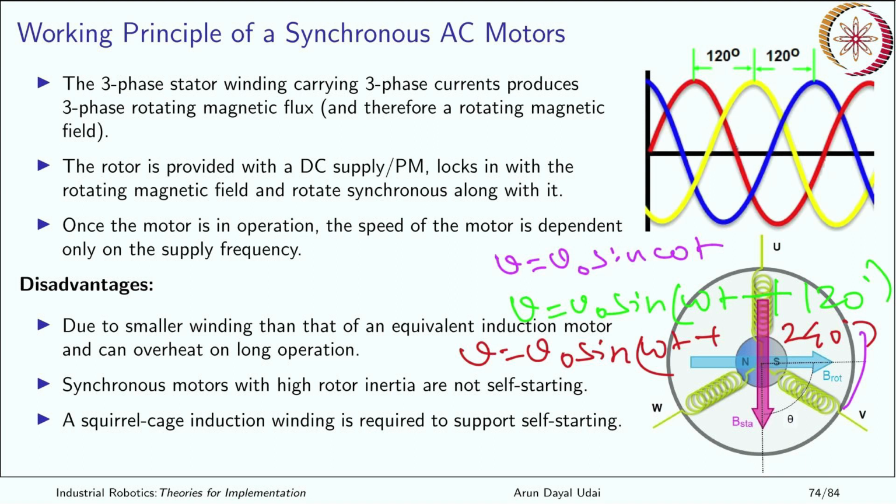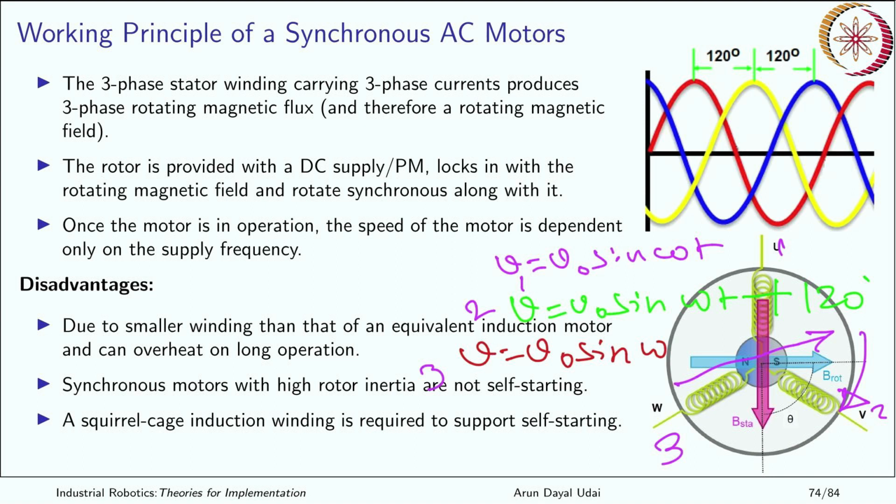All the phases are part of a three-phase AC supply. So this creates a rotating magnetic field here. Got it? If one of them has supply 1, the second 2 and the third 3, this will create a field which is rotating in nature, and that carries a rotating magnetic field.